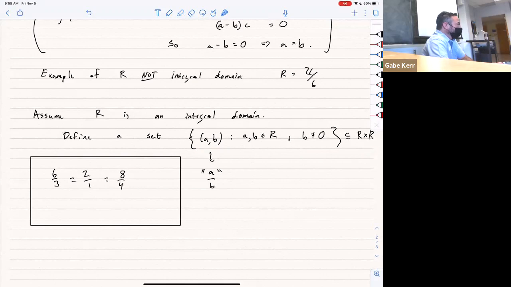So what do we do? Well, we have this thing called an equivalence relation, right? Might as well use it. Let's call them all equal via an equivalence relation. So we need to define a partition of this set, and the elements of that partition are going to be our fractions.